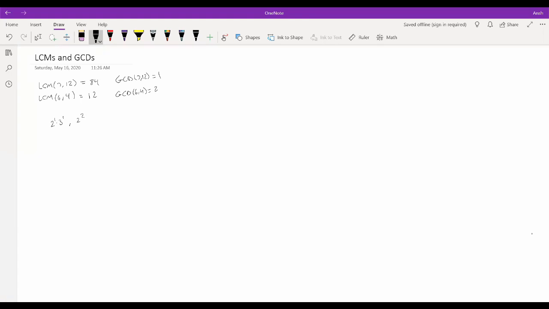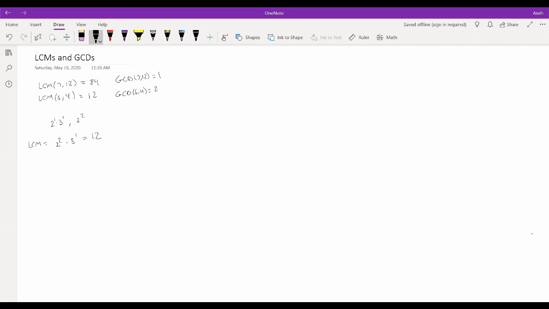So we take the largest power, which in this case is 2 squared. And then only 6 has a multiple of 3, so we take 3 to the first power. And then there are no other prime factors between the two numbers. So this will be our answer, and we can see that 2 squared times 3 equals 12.